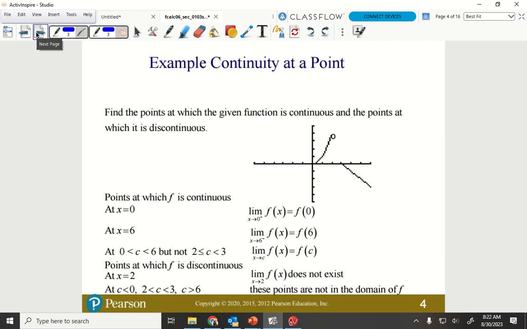Example, continuity at a point. Here it is right here. So I really hate this new textbook, their graphs are horrible. You could use MS Paint and come up with a better graph than what they are providing here. Anyway, here's what it looks like. And that right there, what does the circle mean at the end of the line?